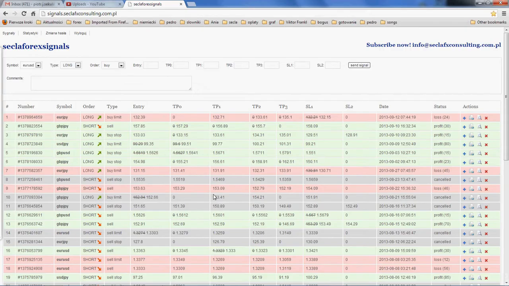Wait a second. Yeah, my first signal sent in September. So this is this buy stop signal. Yeah, and if you watch it closely, you can notice that the market was able to reach even the TP, the second target.